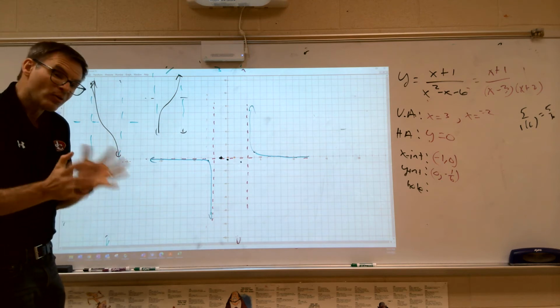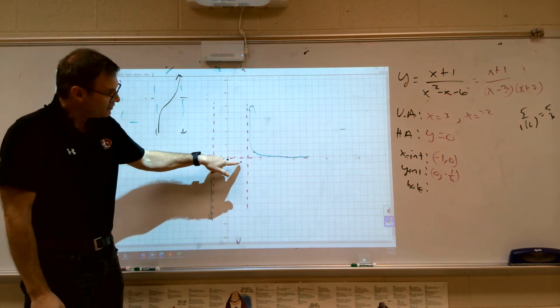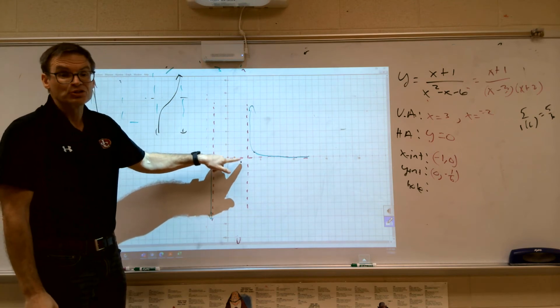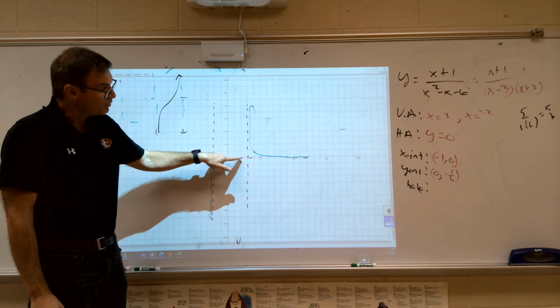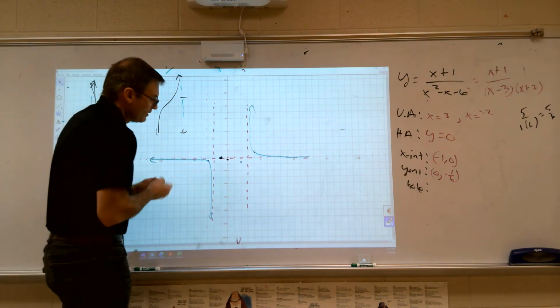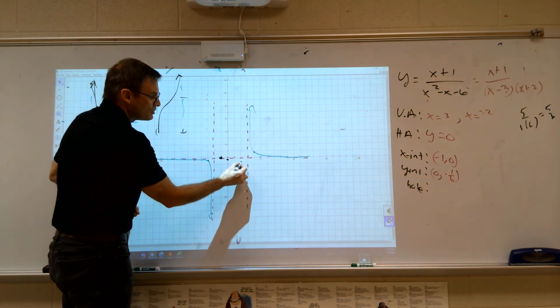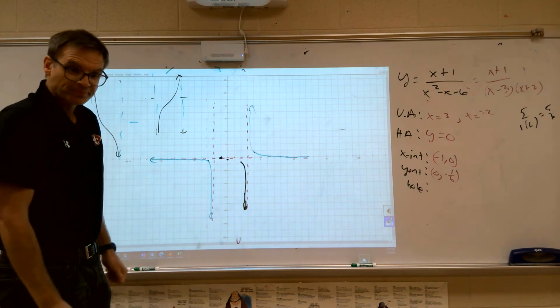Well, the way I always think about it is I look at where my dots are in relationship to the horizontal asymptote. So this one, because this dot is below the horizontal asymptote, that tells me that this part is going down. Right?